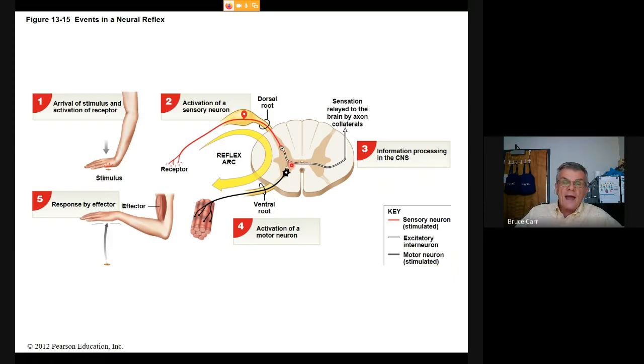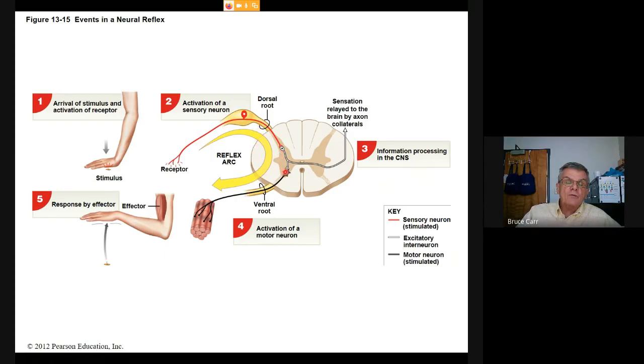And the longer path crosses over from right to left, ascends the left side, and delivers that pain sensation to the cerebral cortex. But sensation on the right side, pain on the left side. If a motor signal is sent back to the right side, it's going to often come down here, cross over again, get to the ventral root.